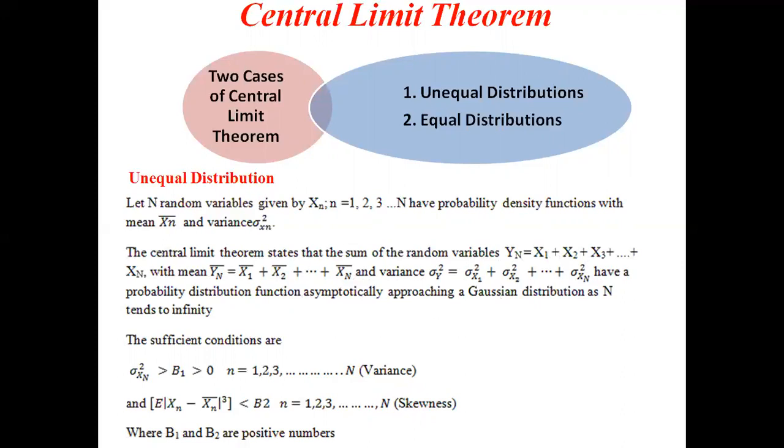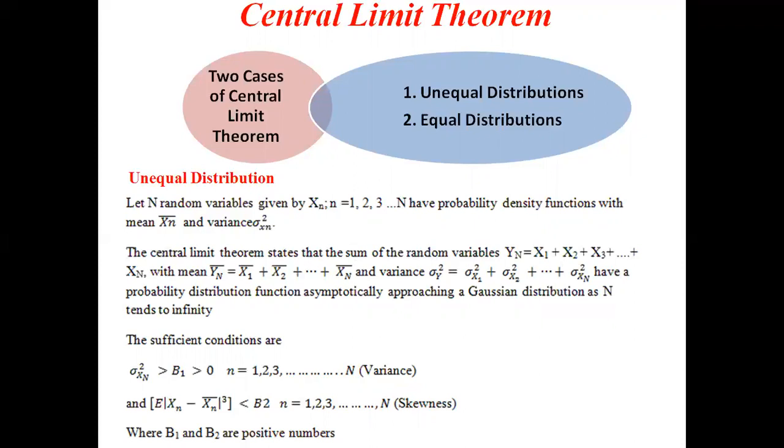That is, you have n random variables of different mean and variance. When you sum all these random variables, they take the shape of the Gaussian distribution. That is what the central limit theorem states. That is what the central limit theorem proved.